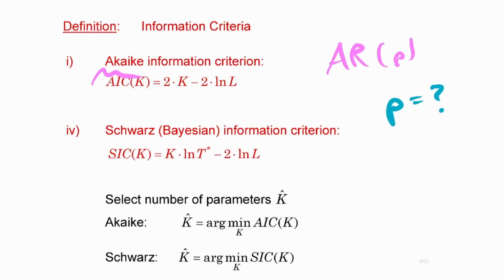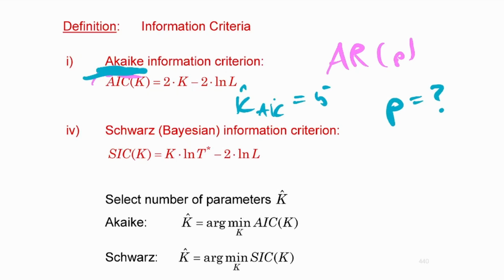Akaike could provide you an answer for that, because p, the number of lagged observations that you incorporate into the model, is directly related to the number of parameters involved, right? So Akaike would tell you maybe it's 5 or so, though you could argue with that.